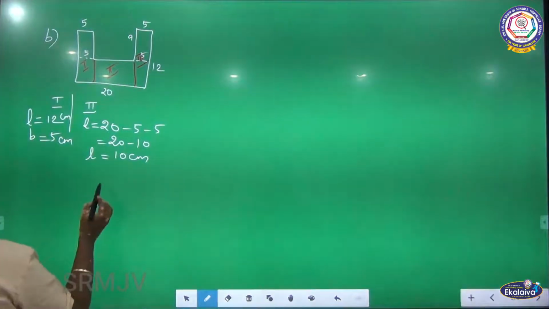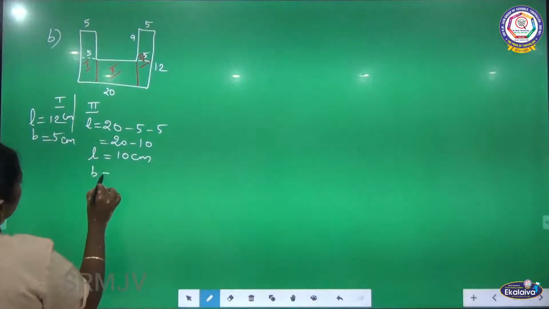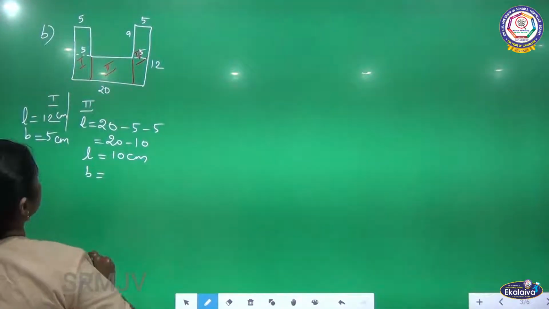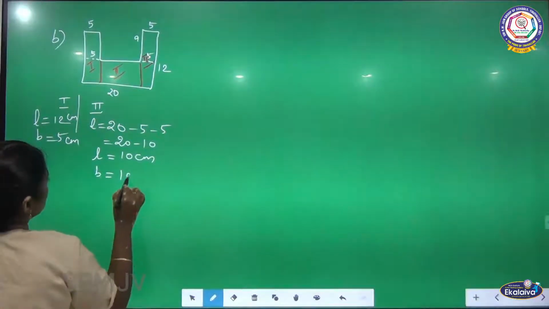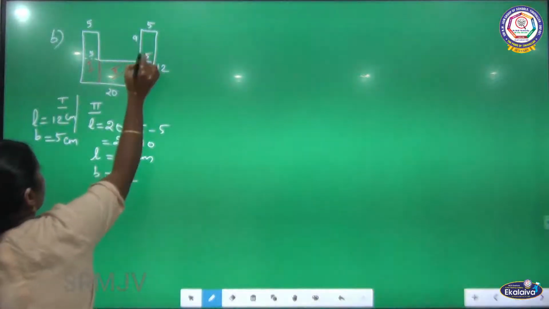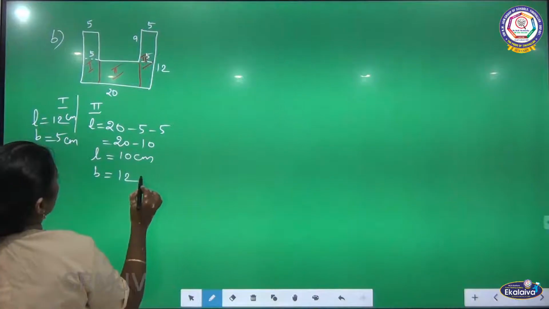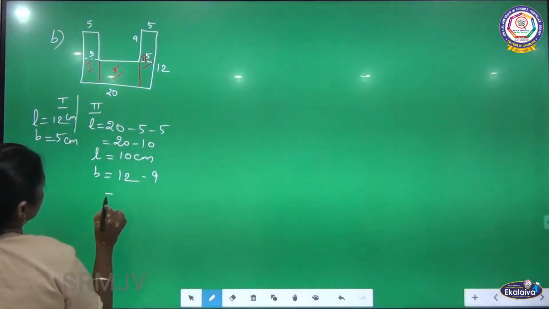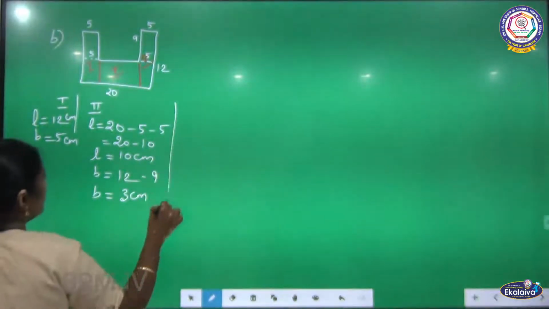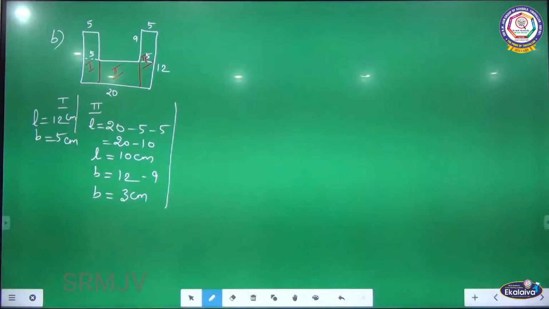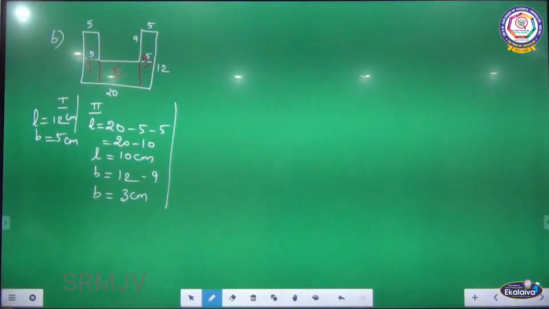Shall we move on to the breadth? See your breadth. What is that breadth? See, overall line segment is what? 12. From this part to this part is what? Minus 9. So, 3 centimeter. So, can you understand the length and breadth for the second rectangle?